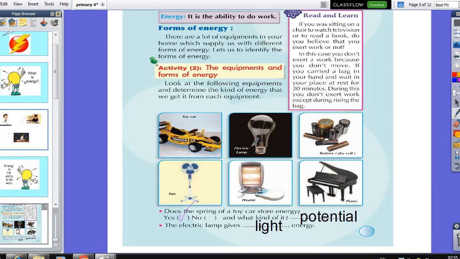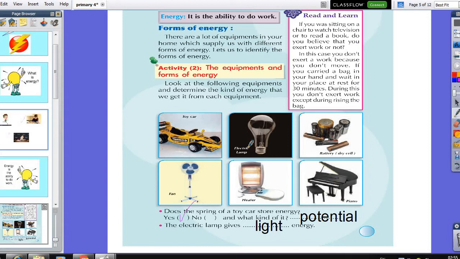When I talk about the electric lamp here, we know that when you turn on the switch of the electricity, the lamp will light. So here I have light energy produced from electric energy.